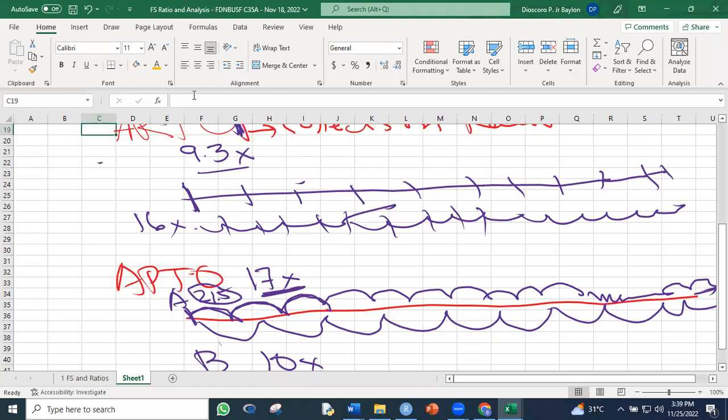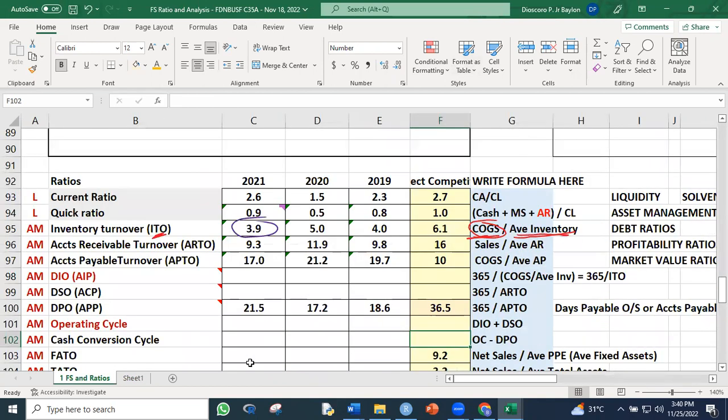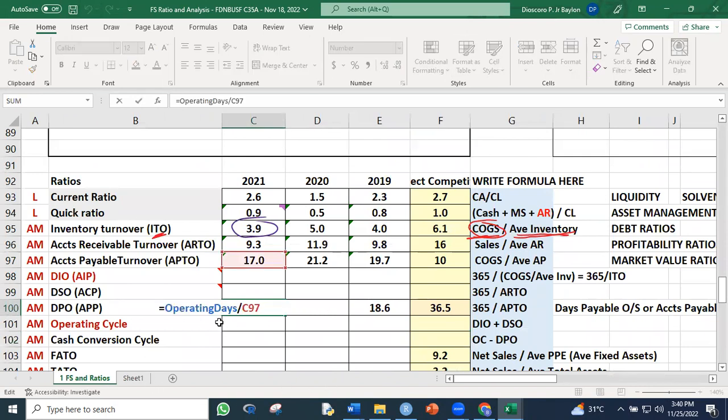Sorry. Okay, sure. Let me show the formula again for DPO. Once again, guys, I really appreciate your questions. Thank you so much. For the DPO, what I did was to give a name to the operating days since they're the same for all the years.